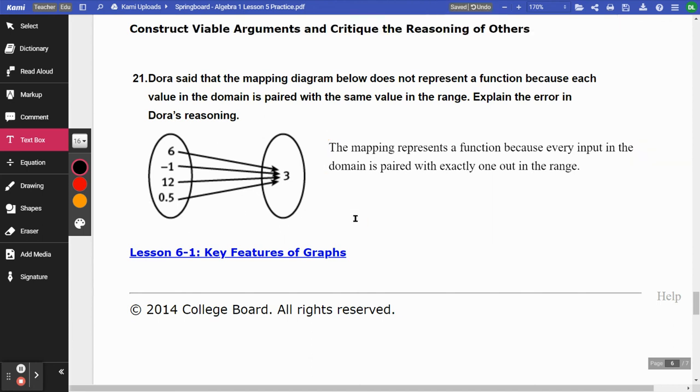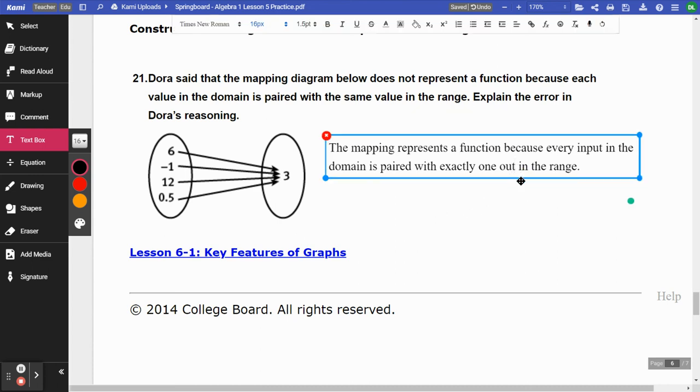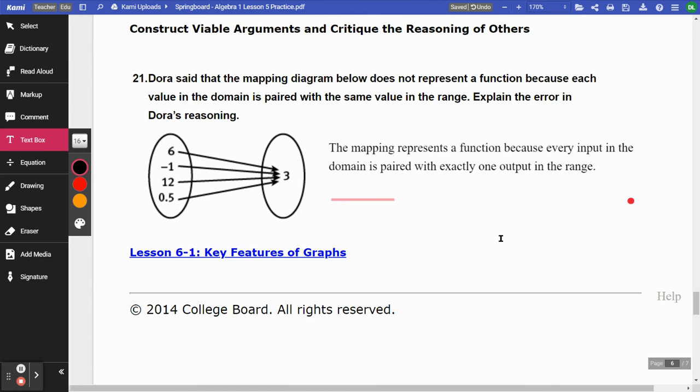Mapping represents a function because every input in the domain is paired with exactly one output. Sorry, that should be an output in the range.